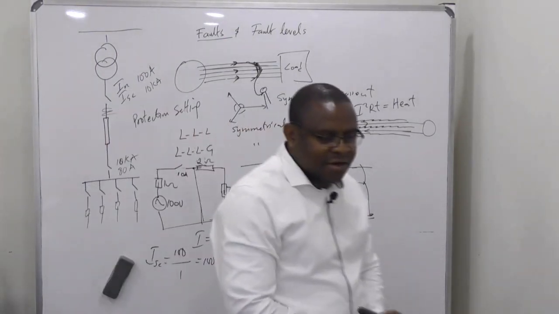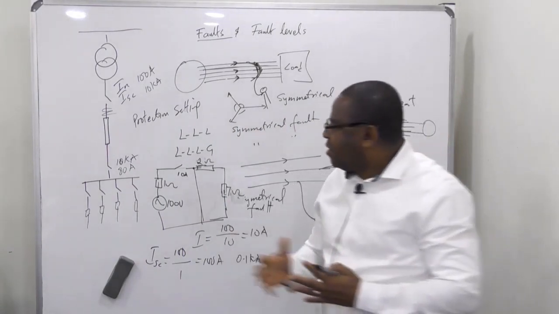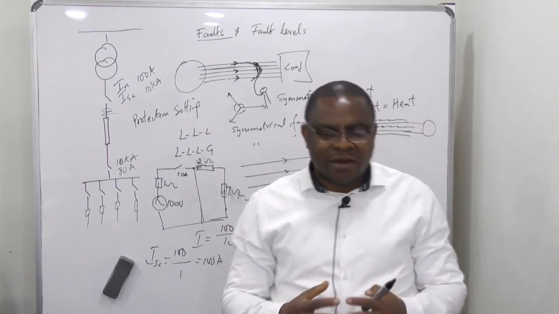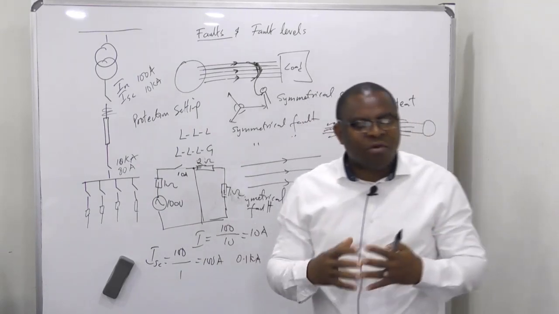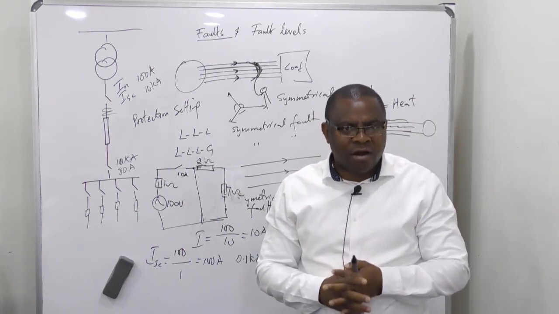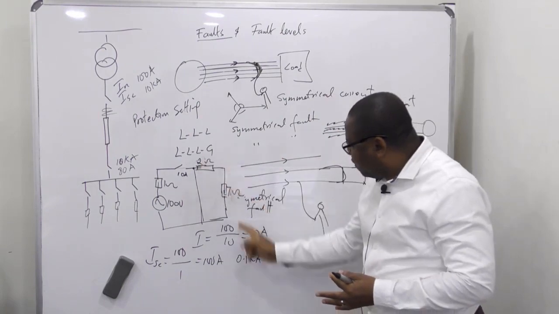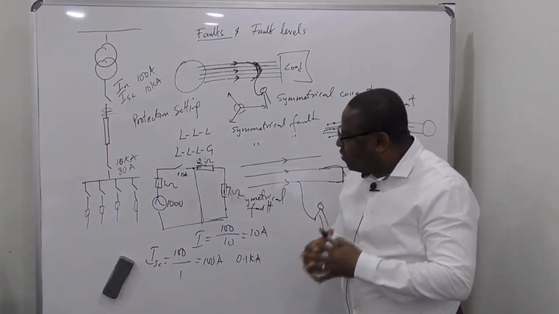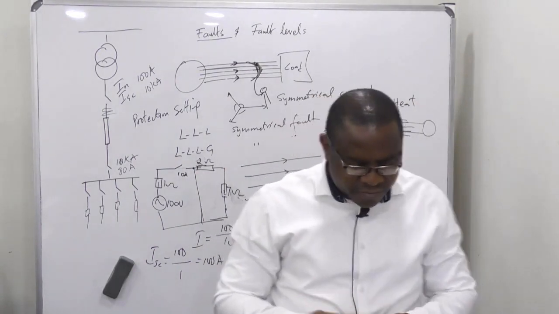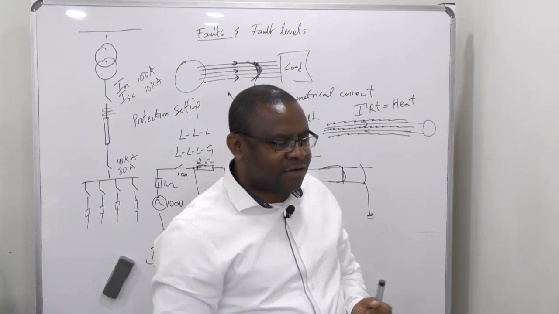So our circuit breaker should be properly rated to withstand the maximum possible fault current. It's not just for the full load current, but even the fault current, without damage. And that's why we need to do fault analysis.